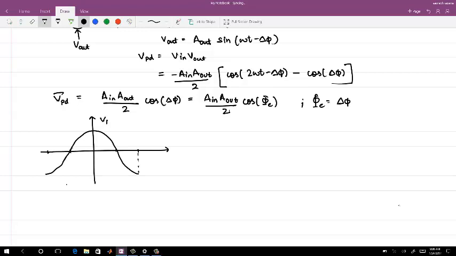So VPD average versus phi error, with points at minus pi by 2, plus pi by 2, pi and minus pi. Okay, and this amplitude is dependent on your A in and A out.